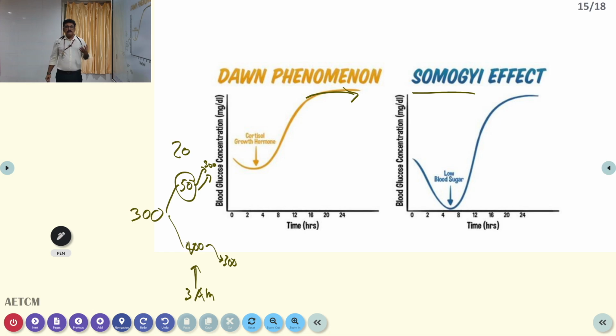So depending on the 3 a.m. blood sugar, you have to reduce or increase the insulin. Here you reduce the night dose, to 10 units. Here you increase the dose to 30 units. So that also you should remember.